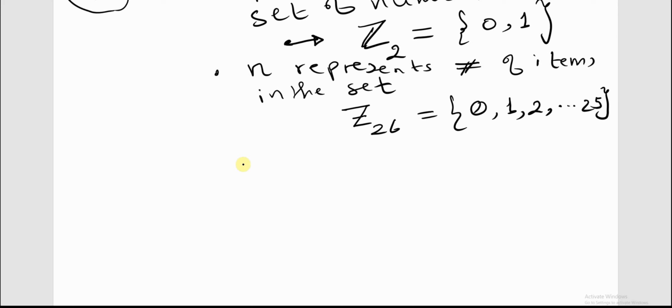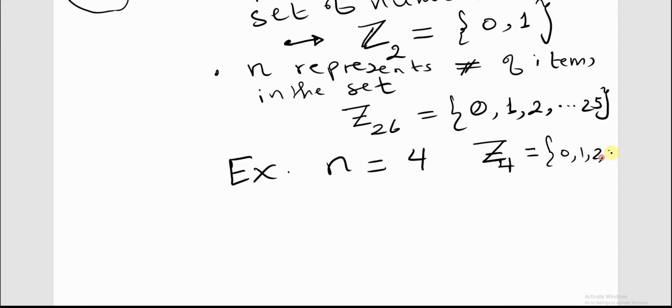Now, the concept of modular arithmetic is based on a finite set of numbers, as I mentioned. So for the sake of argument, let's take an example of n equal to 4 different numbers, or in other words, we are looking for a set of integers that belong to Z4, and of course in this case the set is 0, 1, 2, 3.